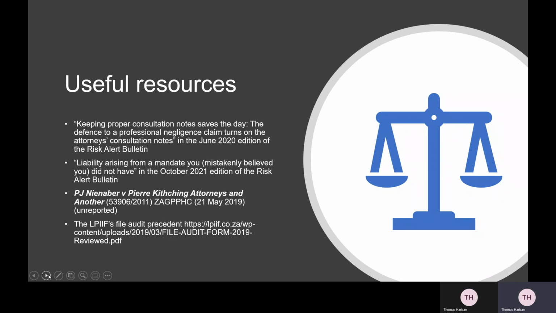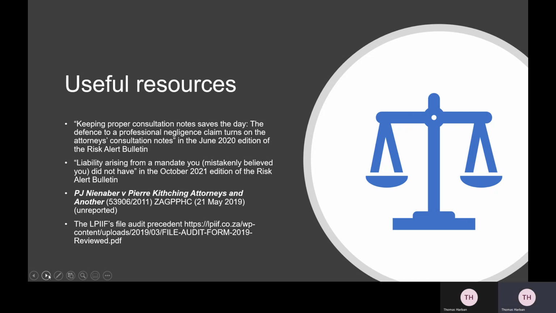It later emerged while we were preparing for trial that in the practice there was a book, which was like a register where all clients coming in for new matters would enter their details. There was the date, the type of matter, and a brief description of why they were at the firm.